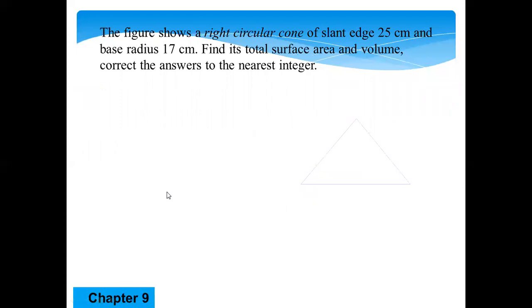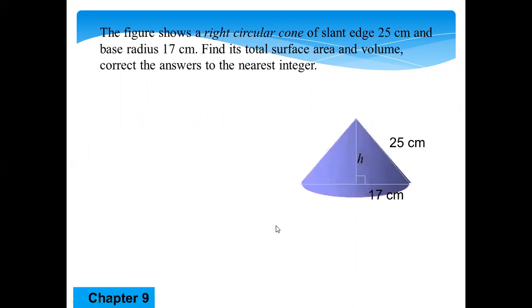Okay, the last question. Here shows you a right circular cone of slant edge 25 and base radius 17. And the question is to find its total surface area and volume. So first, total surface area.